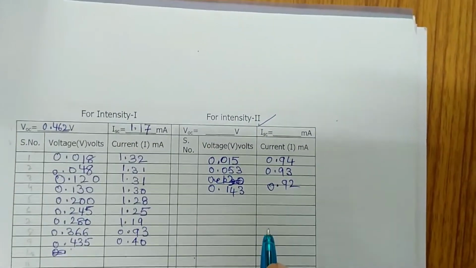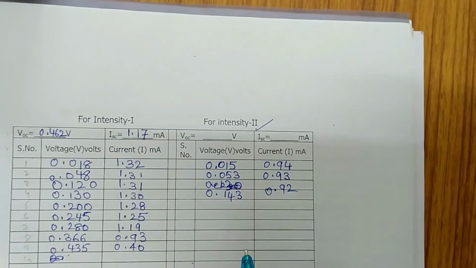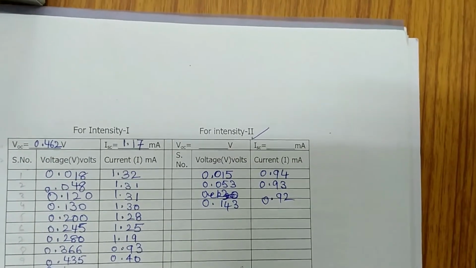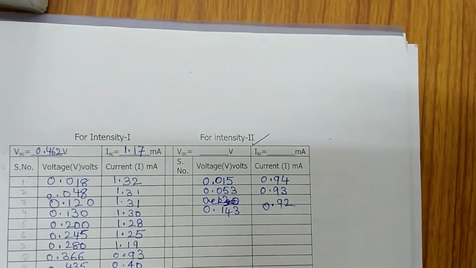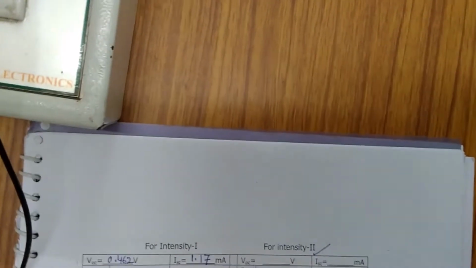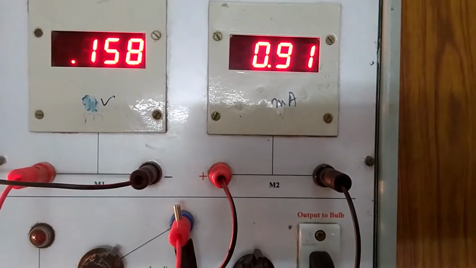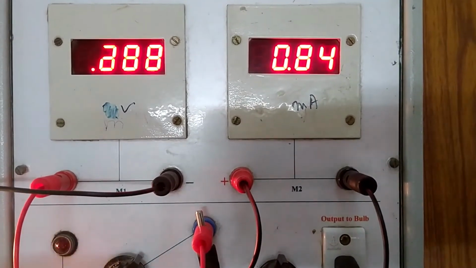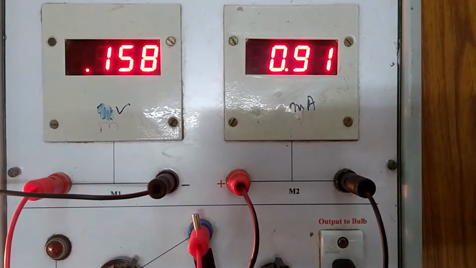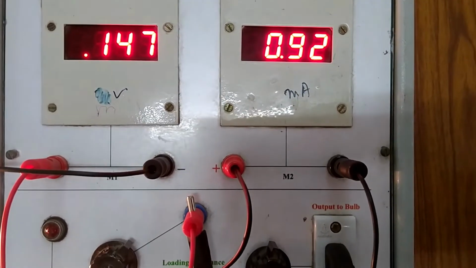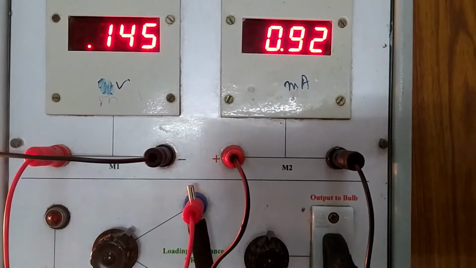Now I'll go to the next reading by changing this value to something slightly higher than the previous. You can see the value is 0.147, current is 0.92.